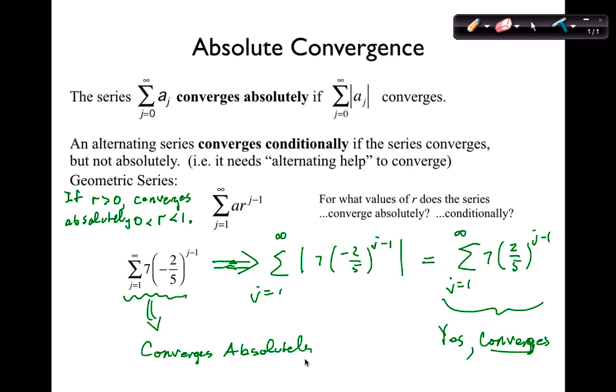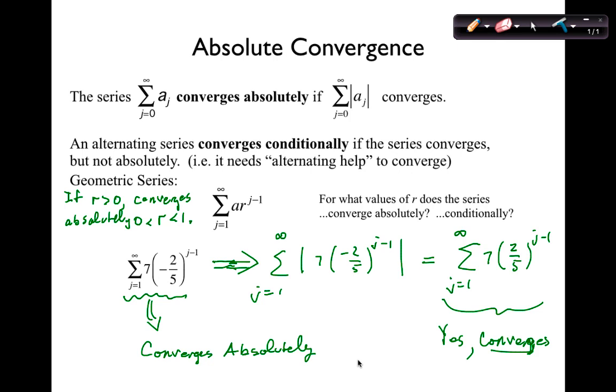So what's the overall conclusion about geometric series? Any geometric series that converges, converges absolutely. It doesn't matter if it alternates or not. It doesn't need the alternating, because if you take the alternating off, you get an R that's between 0 and 1, and that still converges.